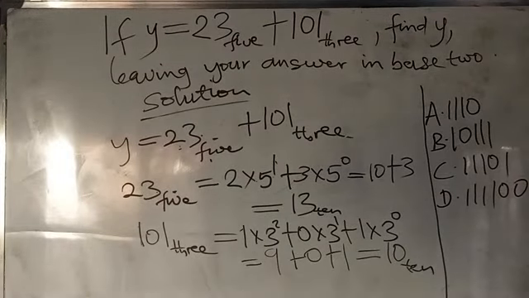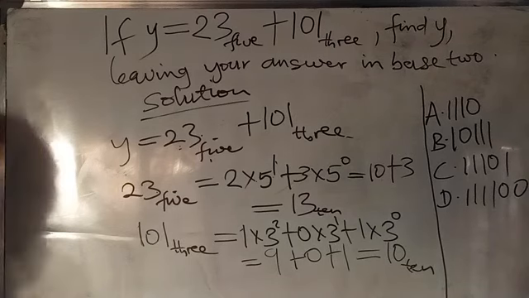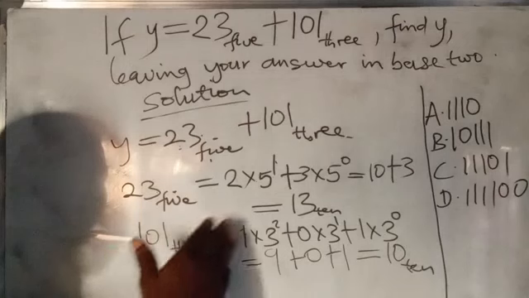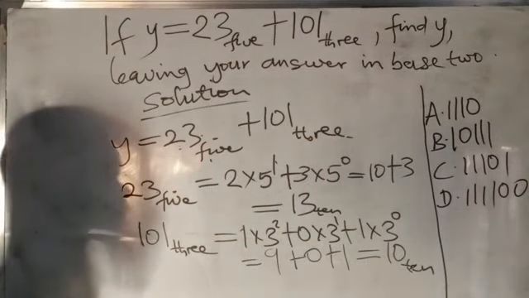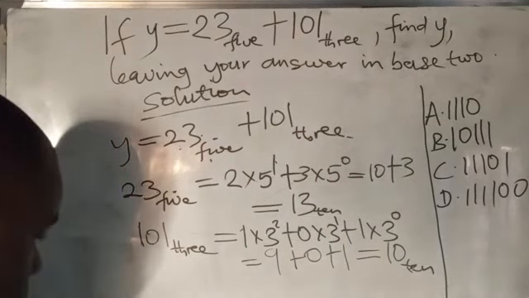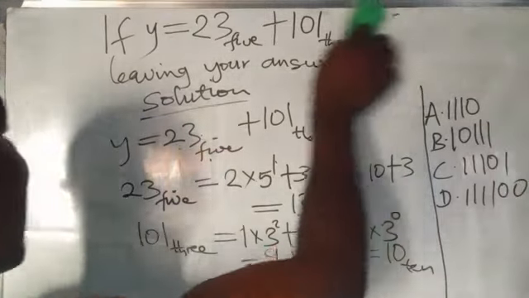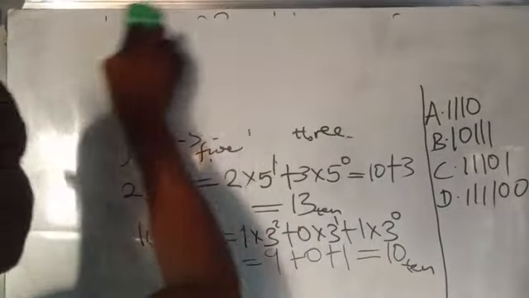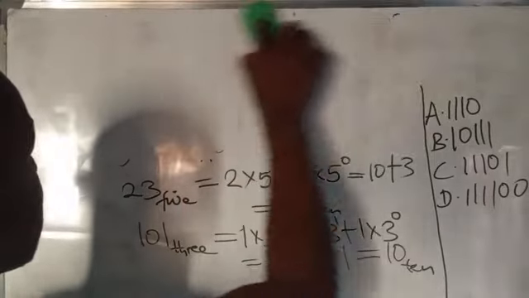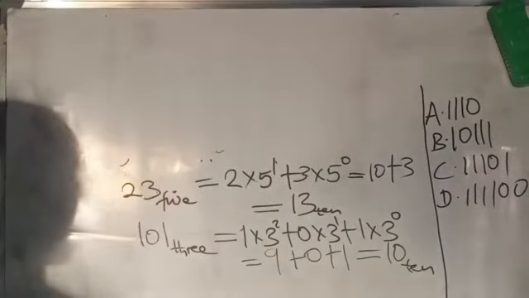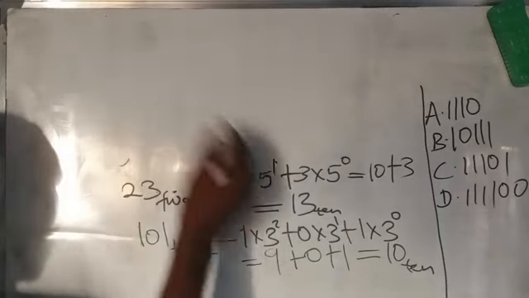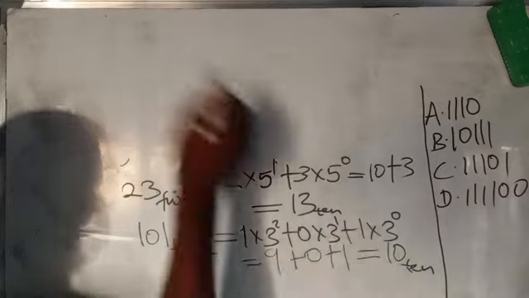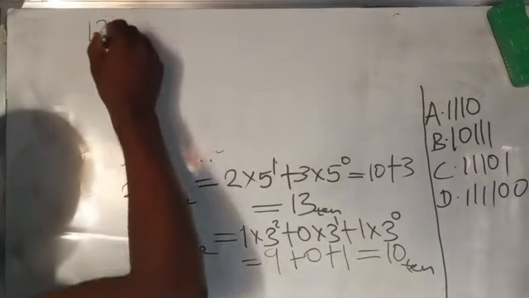So now that you have converted base 5 to base 10 and base 3 to base 10, you have a common base, which is base 10. You can now work with it. Is that clear? So now you can add the two: this plus this, which is 13.